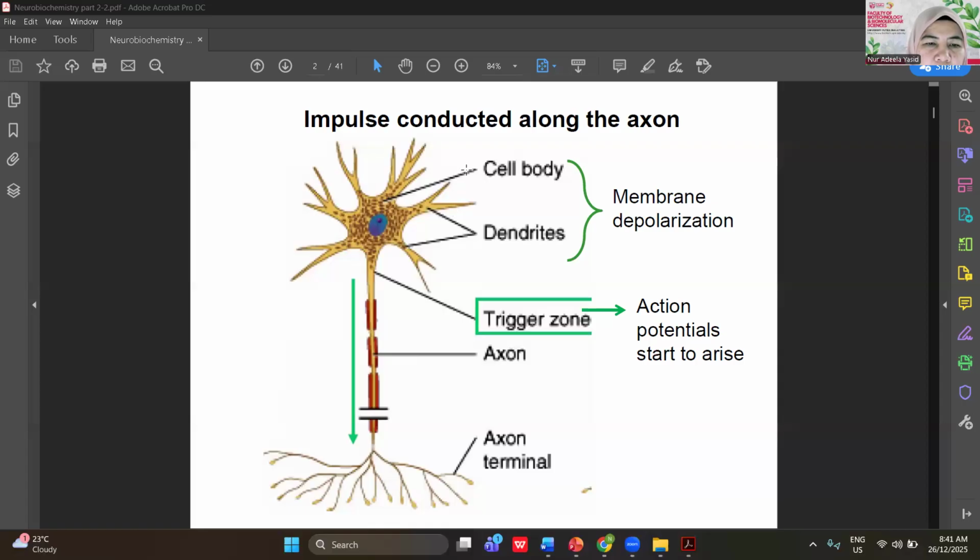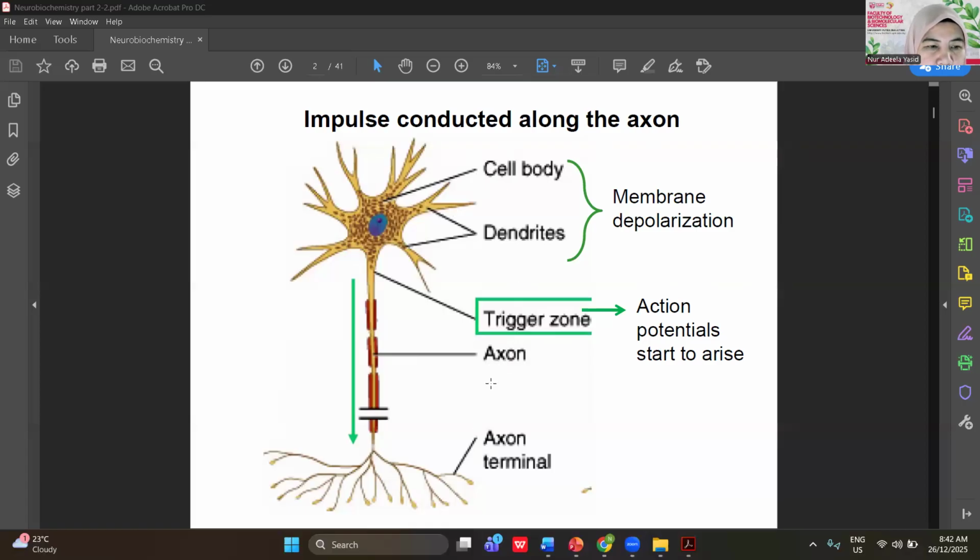If the depolarization reaches a threshold level, an action potential is initiated. So if the threshold is reached, the action potential is fired. If not, no impulse is conducted.